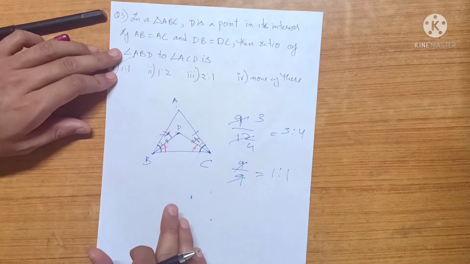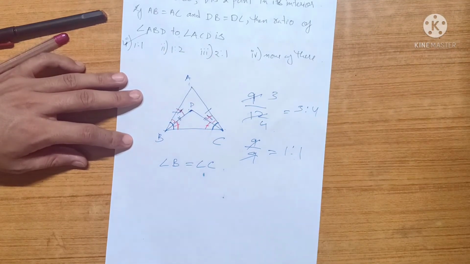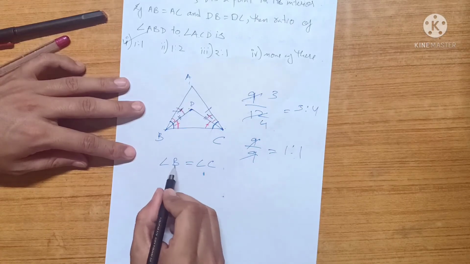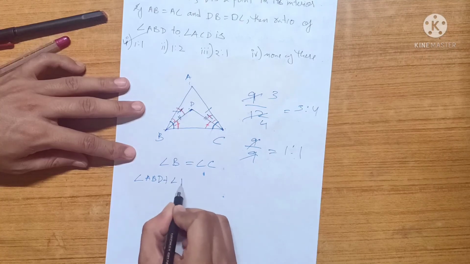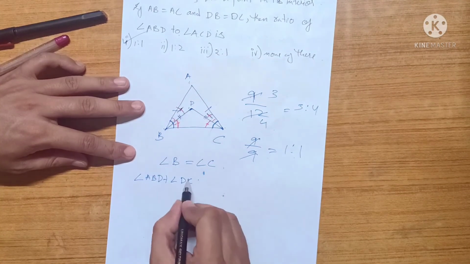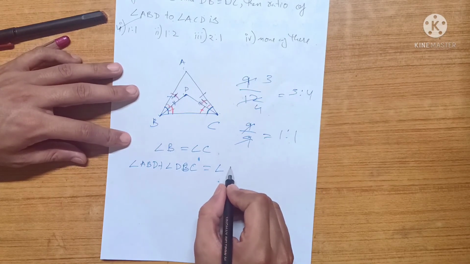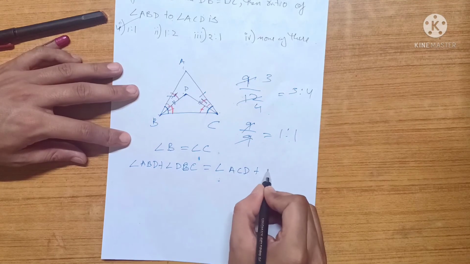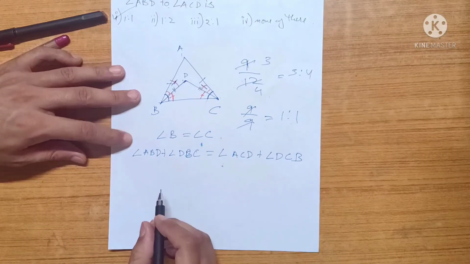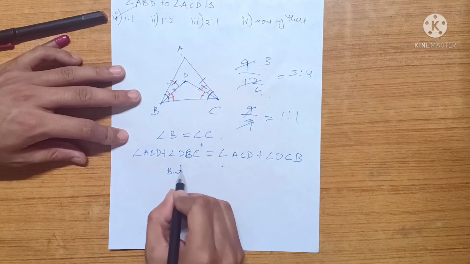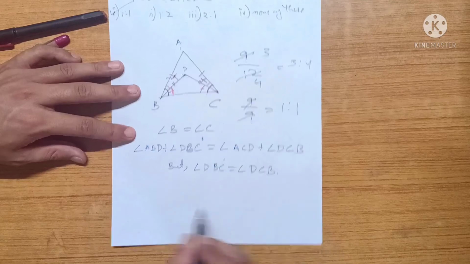If you did not understand this question, what you can do is write angle B equal to angle C, and then angle B can be written as angle ABD plus angle DBC, equal to, in case you feel like you will not understand, ACD plus angle DCB. If your exam was not multiple choice, we would have done it like this. But angle DBC equals angle DCB.